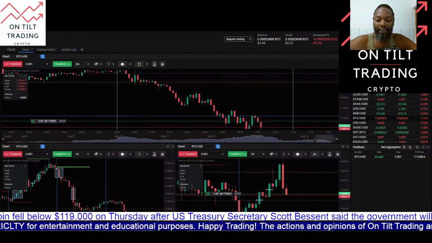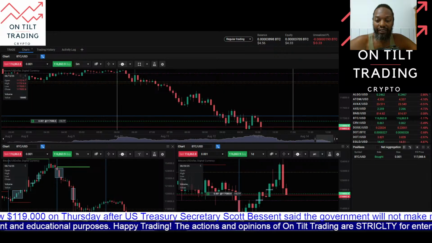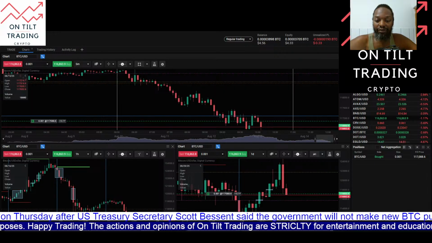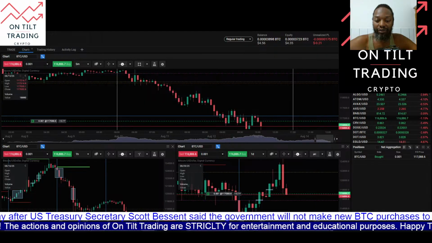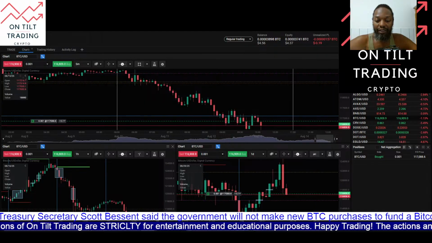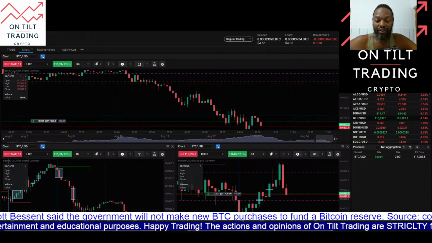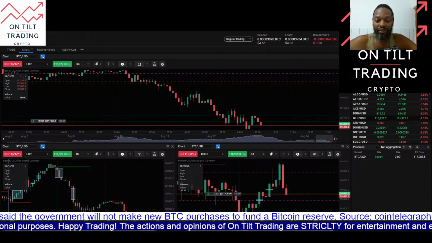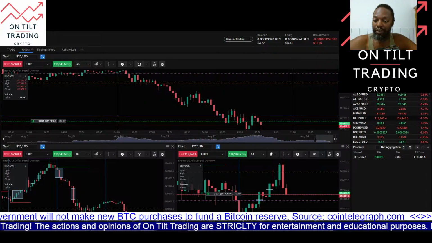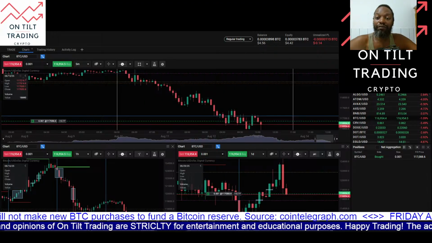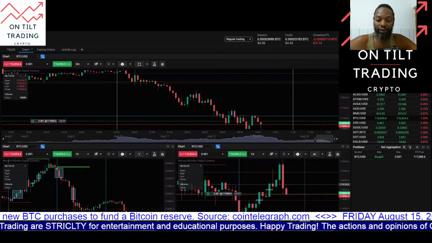But I'm not set up for that exactly here, as there's no fair value gap here, and the way this candle is set up, there would have to be some distance between this candle here and this candle here, so there would have to be quite a bit more movement for that to work out.